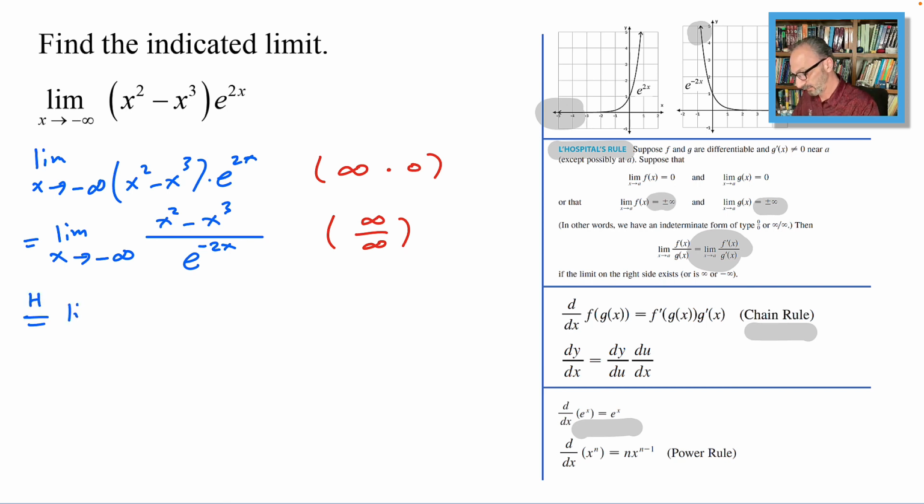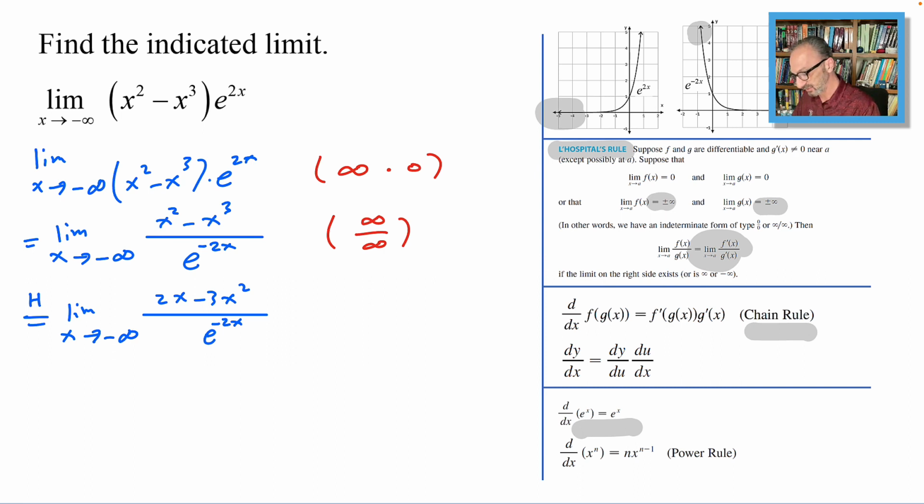Limit as x approaches negative infinity. We'll take the derivatives of the top part, which is called f of x, and the denominator, which is called g of x. Now f prime will be 2x minus 3x to the second, and g prime will be e to the minus 2x times the derivative of minus 2x using the chain rule, times negative 2.